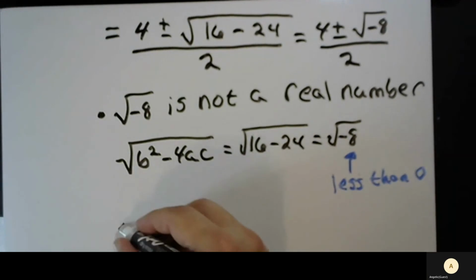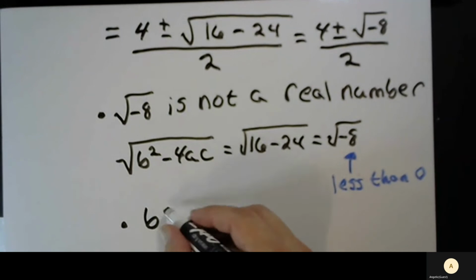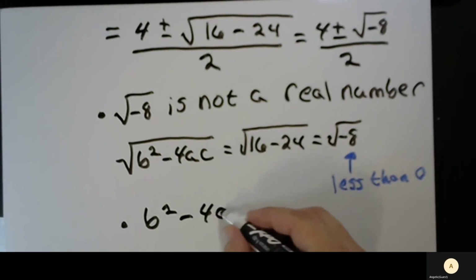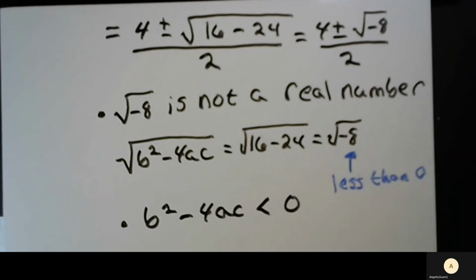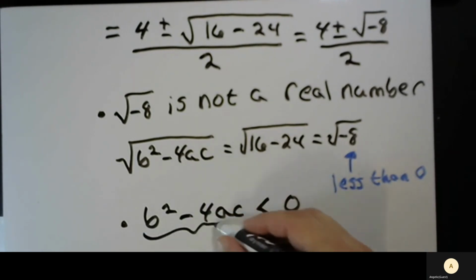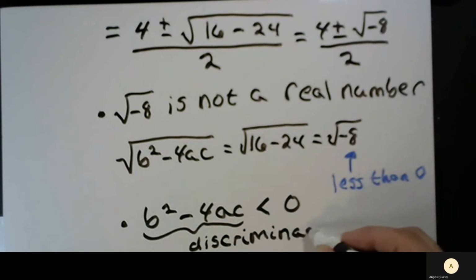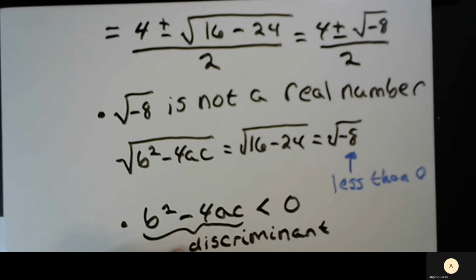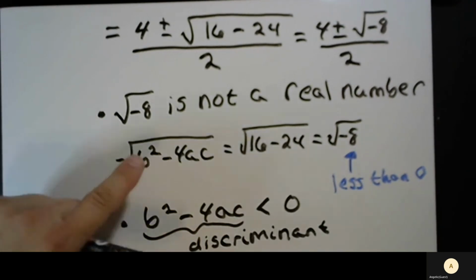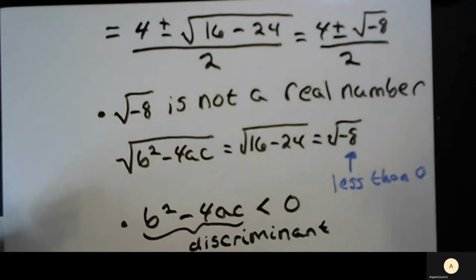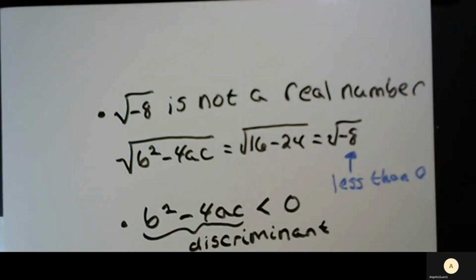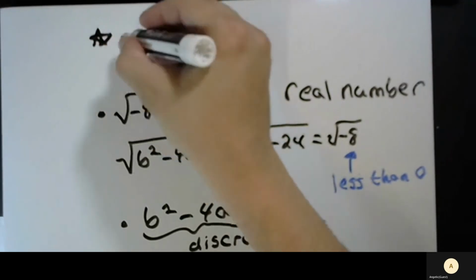Or put another way, b squared minus 4ac is less than 0. So then this is what was called the discriminant. So when the discriminant, in other words, what's inside the square root, turns out to be less than 0, that means there are no x-intercepts.